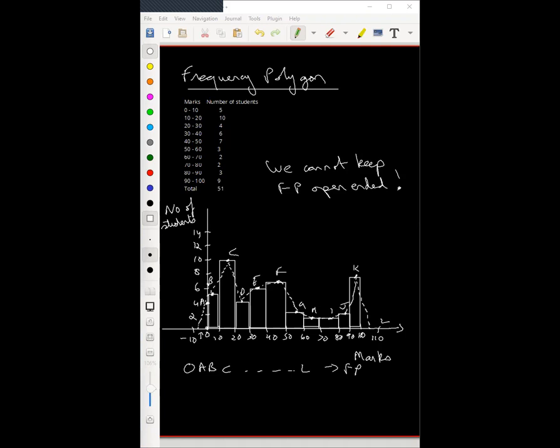Please copy this down as an example. So this is when we have a histogram, and what we need to do is convert it into a frequency polygon.